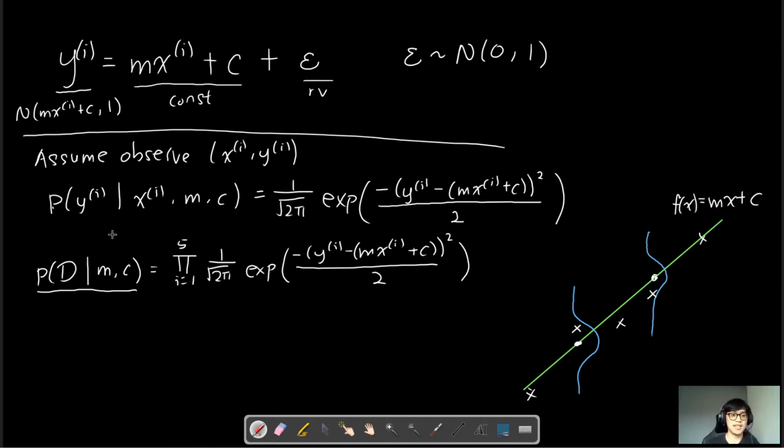So let's see what happens if we log this likelihood function here. What you have is essentially the log of a product, which is the sum of logs, right? So let us do it. You get the sum of the log. Constants don't really matter in optimization, so I'm going to just drop it.